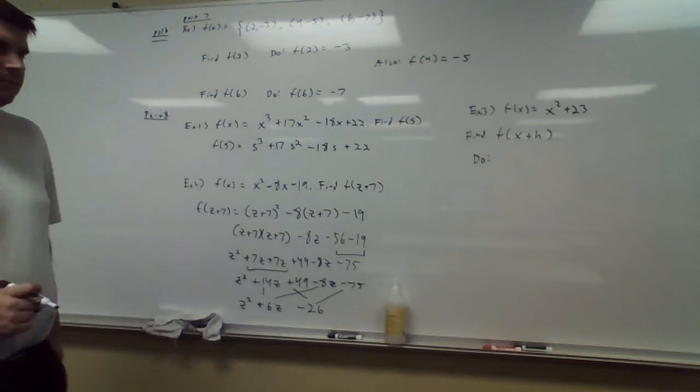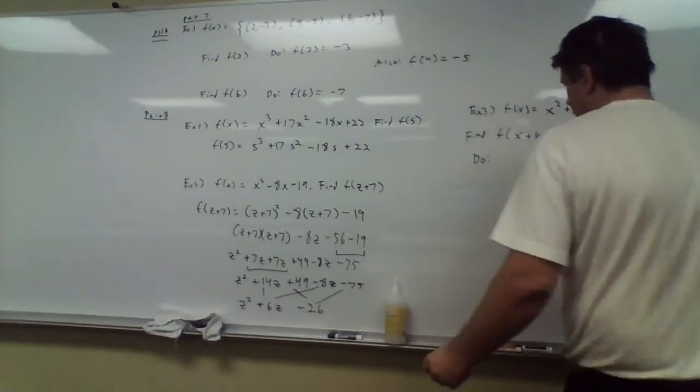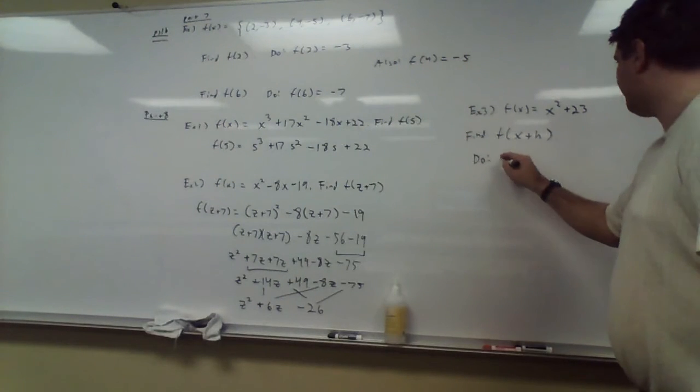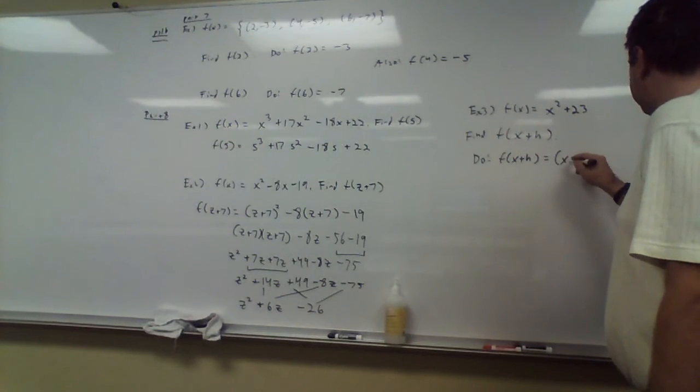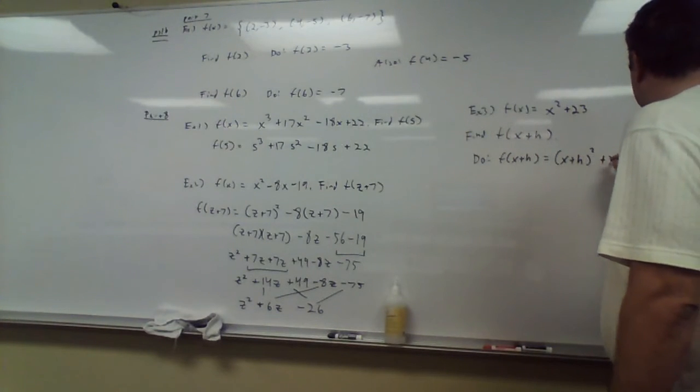For this one, this is going to be f of x plus h equals x plus h squared plus 23.